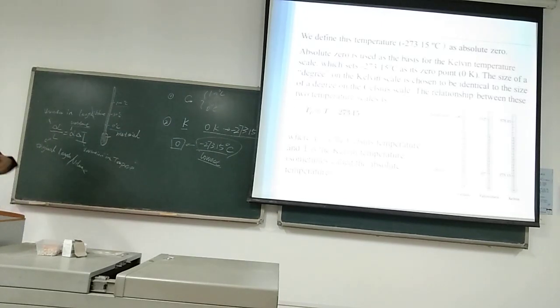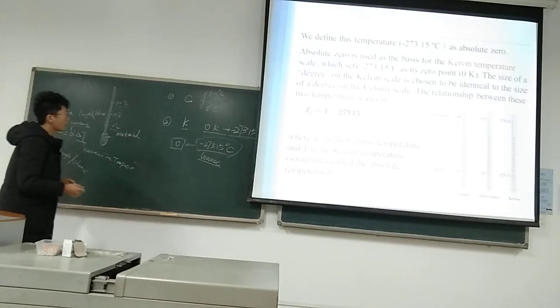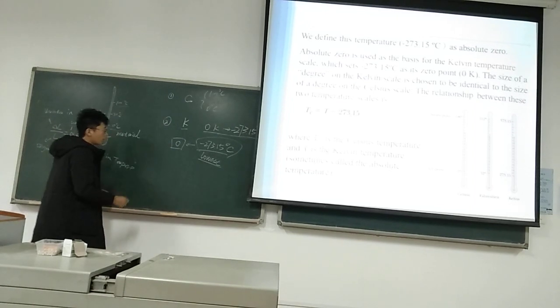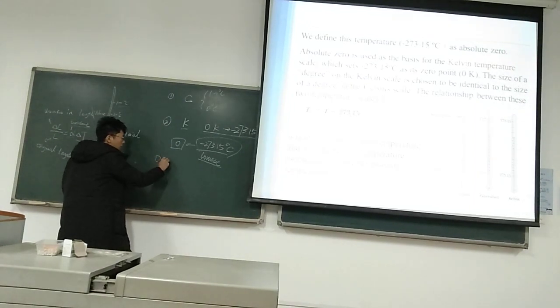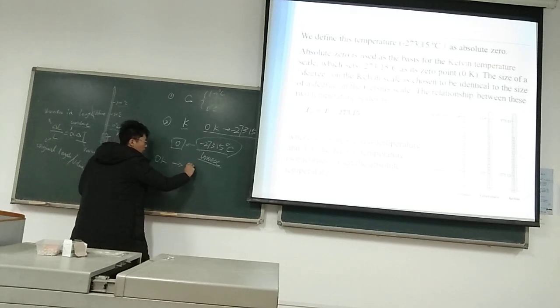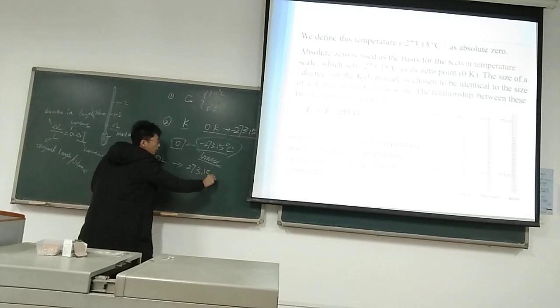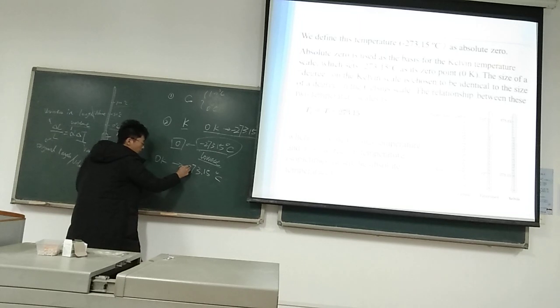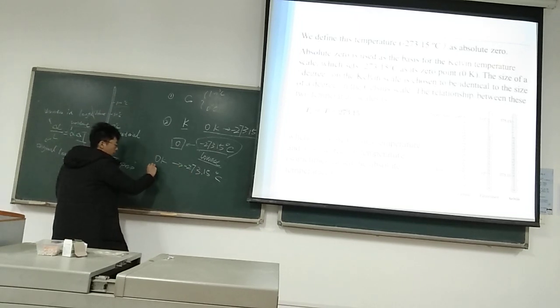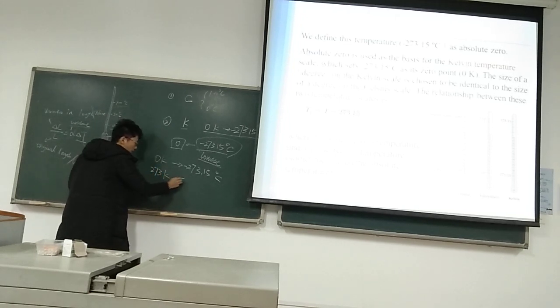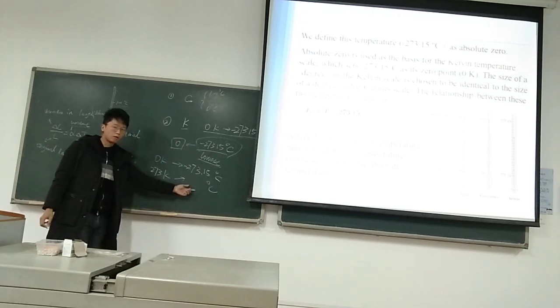So you will see how we change from C to K. If a few 273 K equals, what's the number of it?